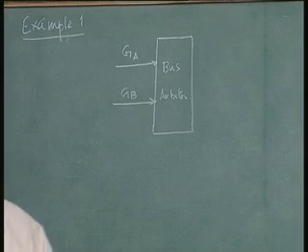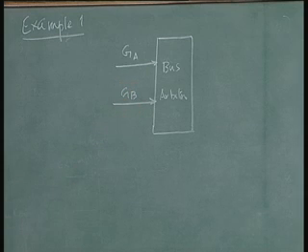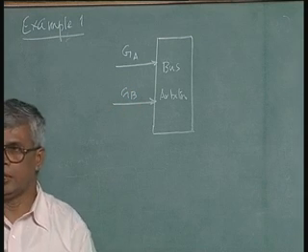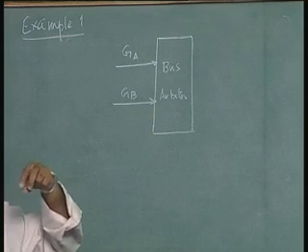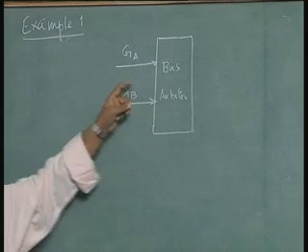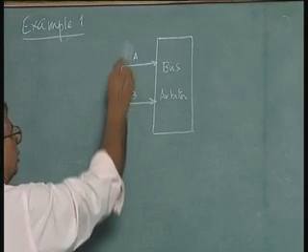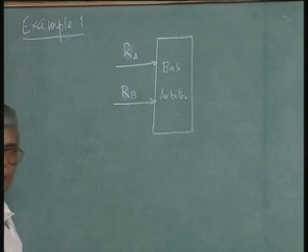stand for request from system A and request from system B. Two requests are coming, and the bus arbiter has to give it to, actually you call it RA and RB.